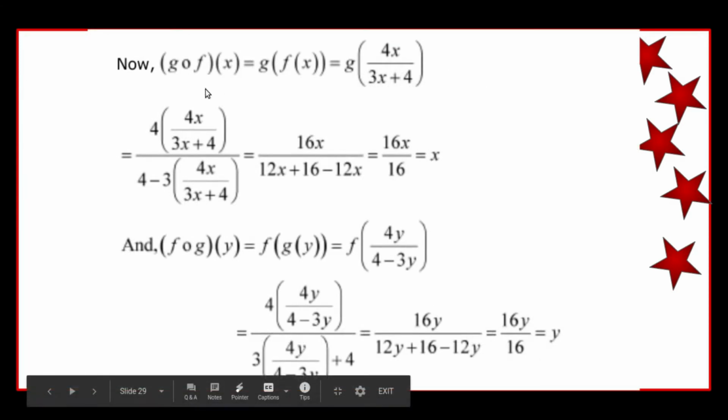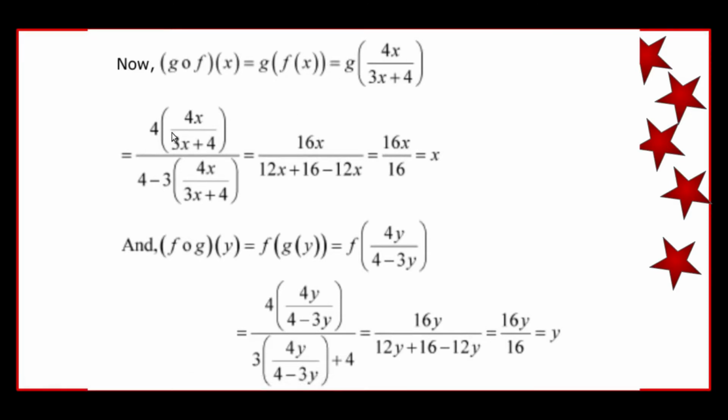Now g composite f of x, g of f of x, g of 4x by 3x plus 4, that is 4 into 4x by 3x plus 4 divided by 4 minus 3 into 4x divided by 3x plus 4. Simplifying, we get x.